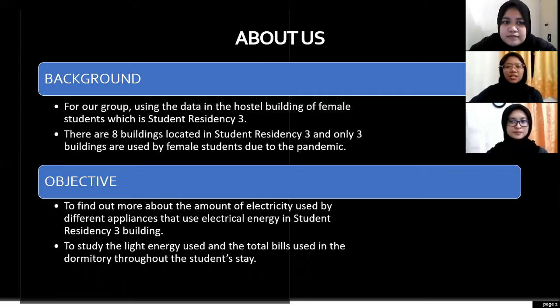For our case study objectives, firstly, to find out more about the amount of electricity used by different appliances that use electrical energy in student residential buildings. Secondly, to study the light energy use and the total base used in the dormitory throughout the students' stay.